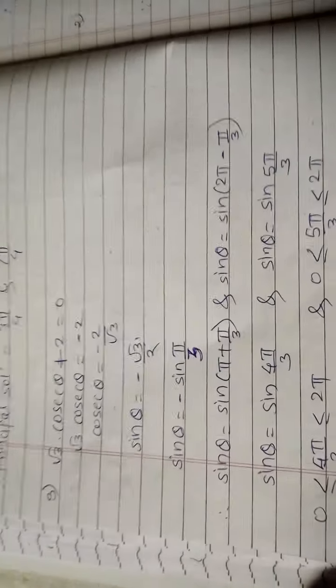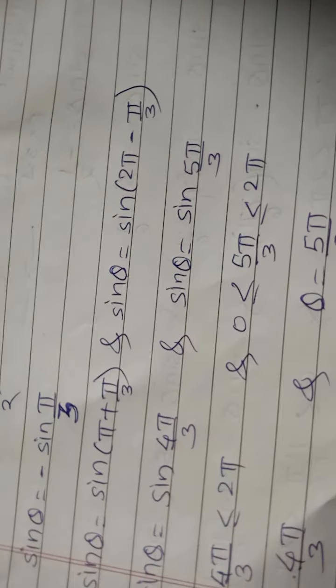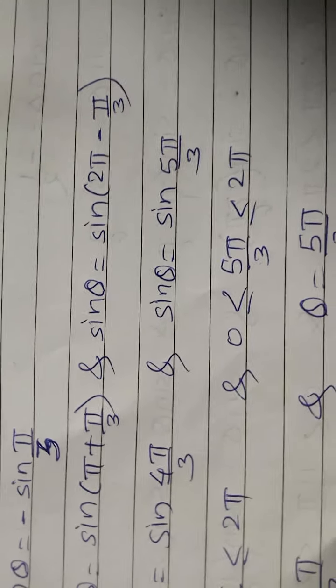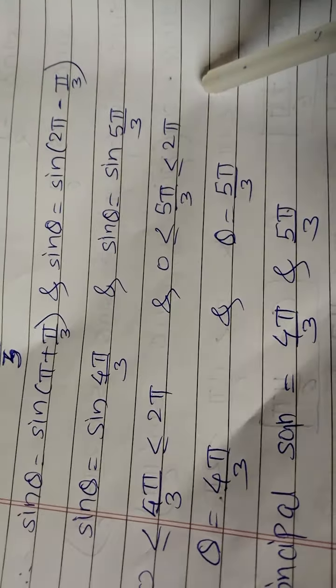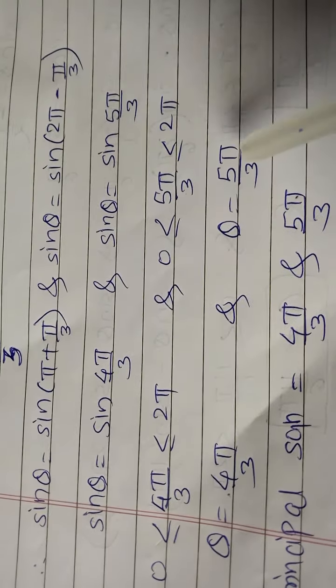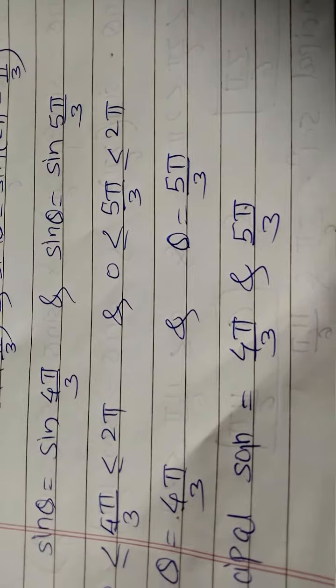Again these two values, 4 pi by 3 and 5 pi by 3, range in between 0 to 2 pi, and so theta is equal to 4 pi by 3 and theta is equal to 5 pi by 3. So here we get the principal solutions, 4 pi by 3 and 5 pi by 3.